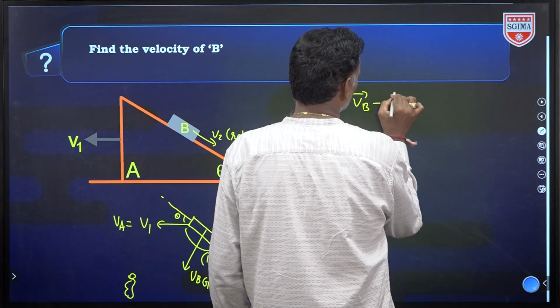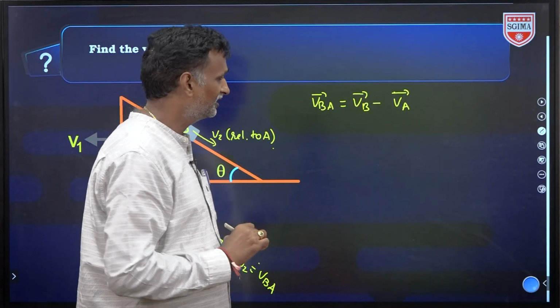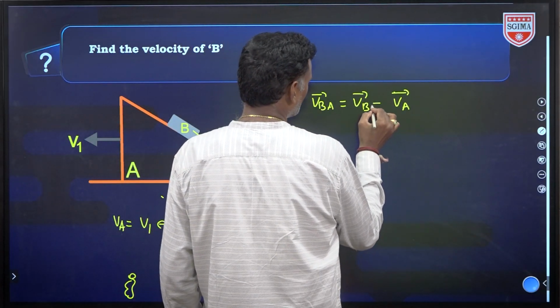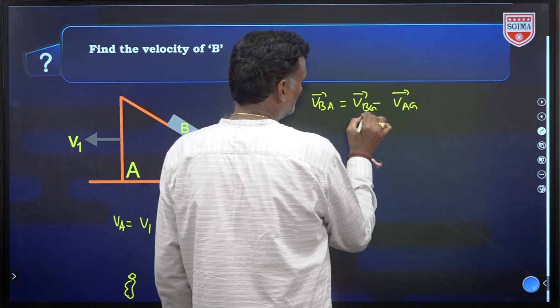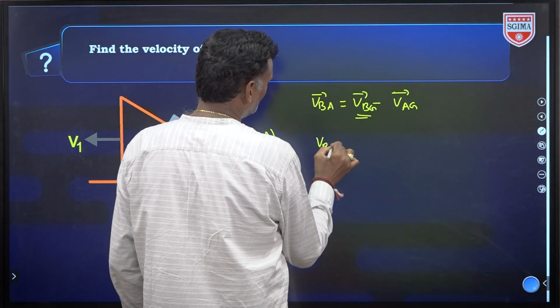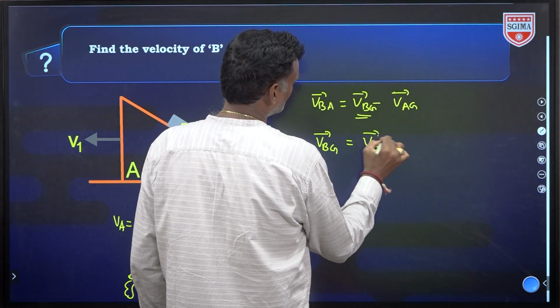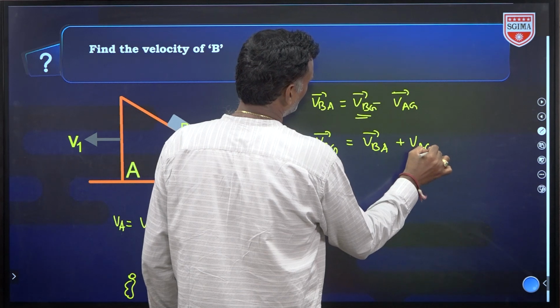So relative velocity is always defined for a two-dimensional system as VB minus VA. These are defined with respect to the ground only, right? We want a pure velocity with respect to the ground. VBG equals VBA plus VAG.